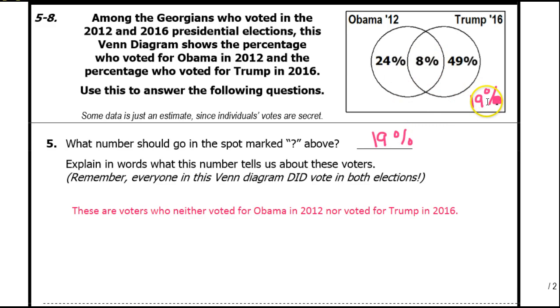So these people voted for other people besides Obama and Trump. So maybe in 2012, they voted for John McCain, and maybe in 2016 they ended up voting for Hillary Clinton. So these are voters who voted for neither Obama nor Trump.